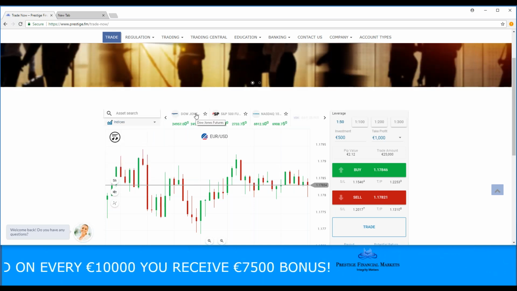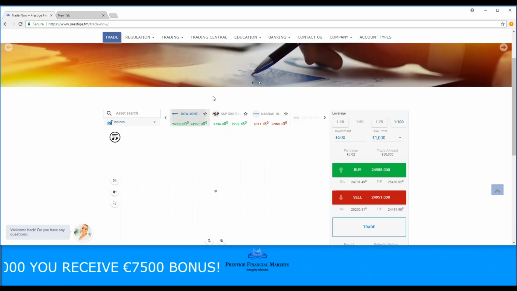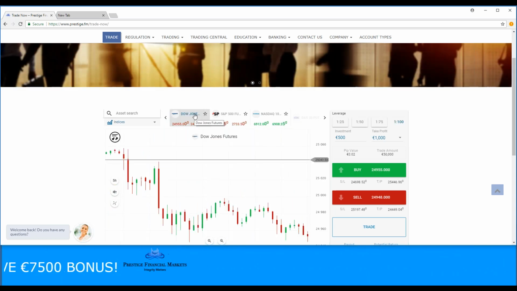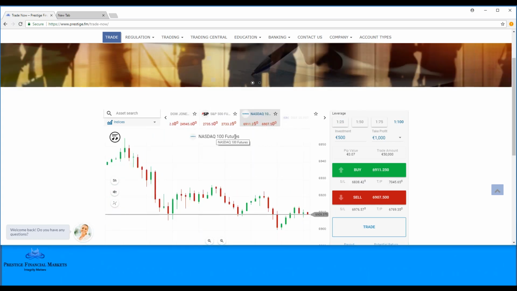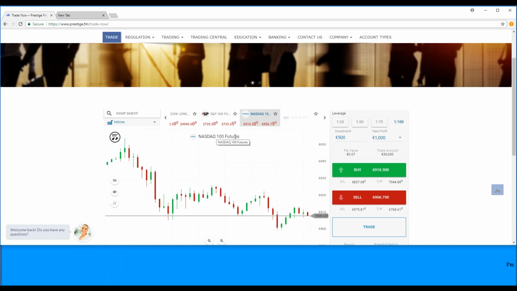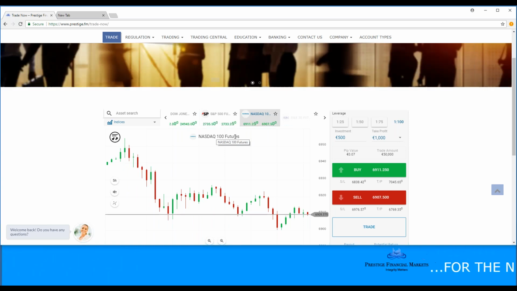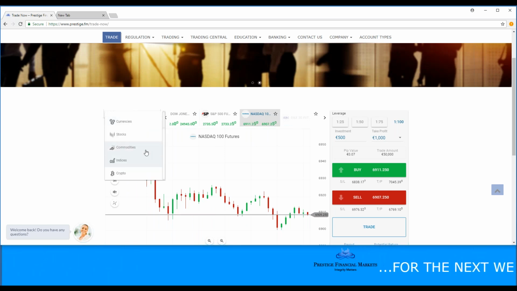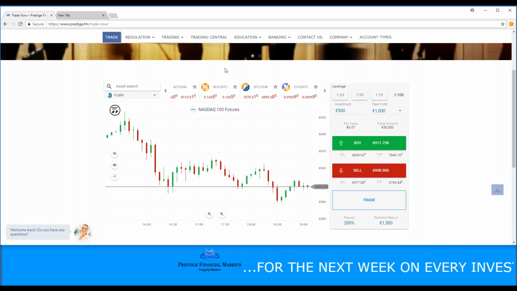Indices like Dow Jones, S&P, Nasdaq. If we are trading the Dow Jones or Nasdaq, you are basically trading 100 stocks from the technology sector. And of course, we have cryptocurrencies like Bitcoin, Ripple, Ethereum.